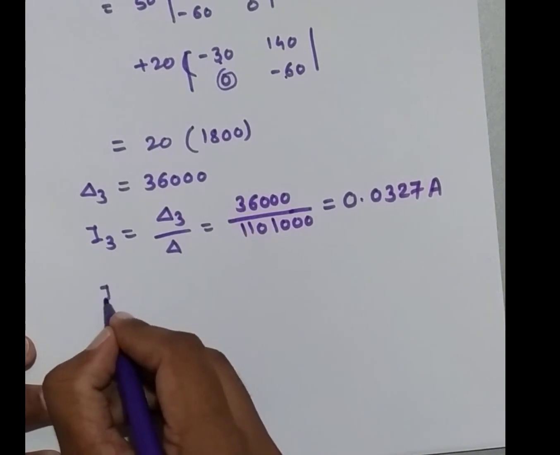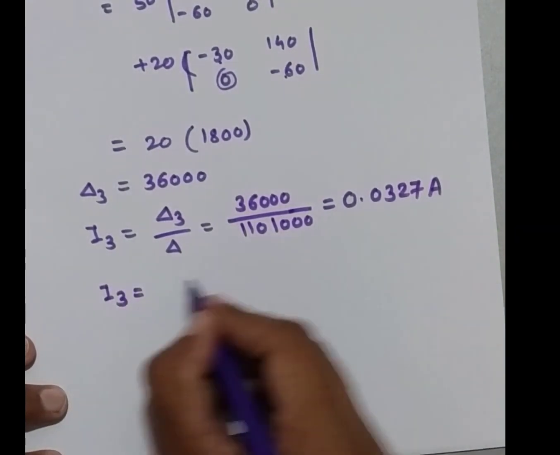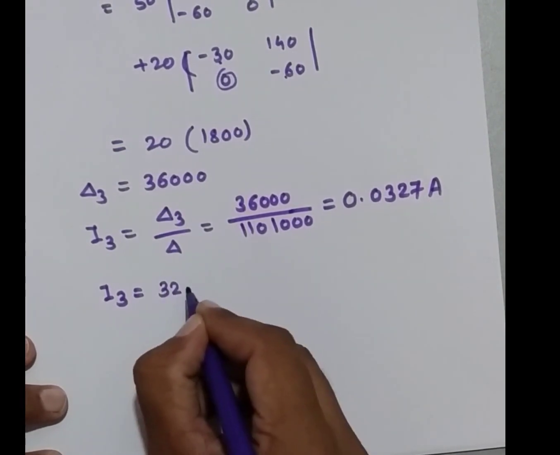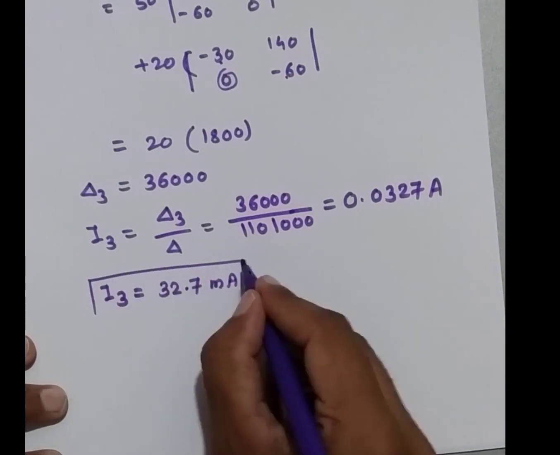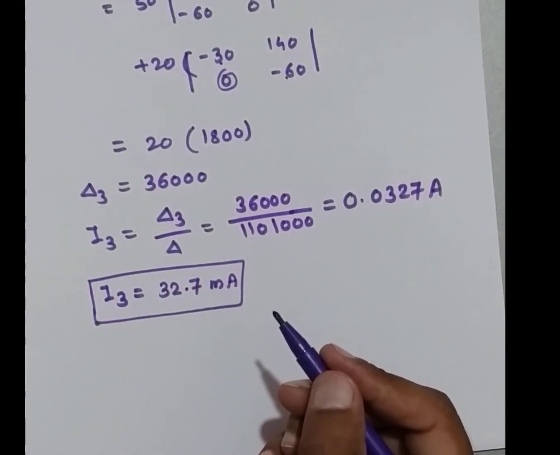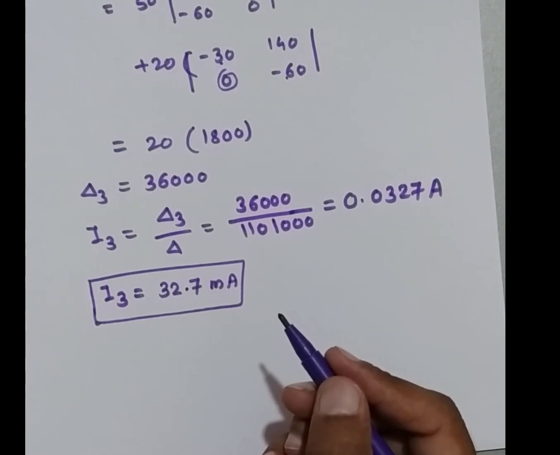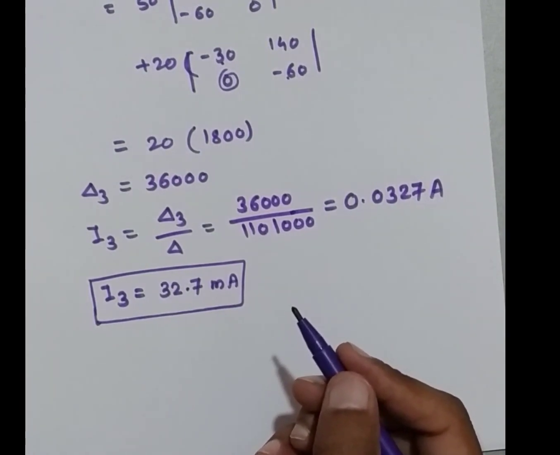If you want, you can convert it into milliampere, so it is going to be 32.7 milliamperes. So this is the value of current I3. We are going to check whether we get these values by means of simulation.